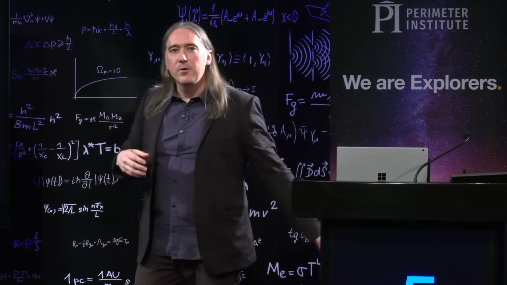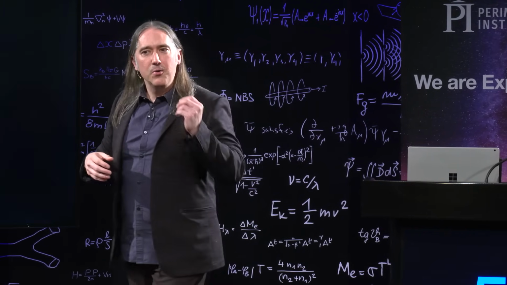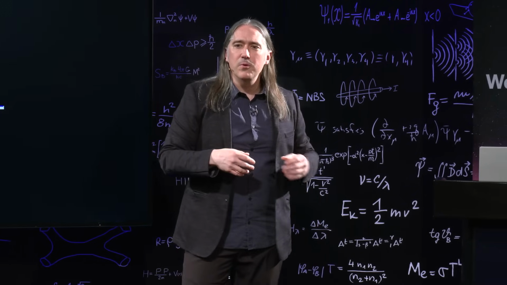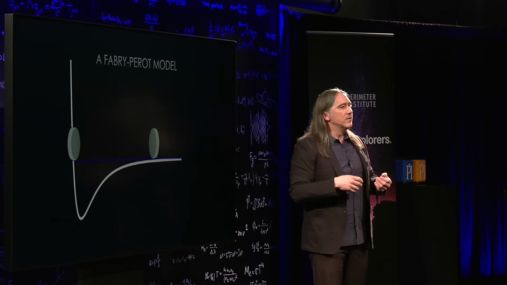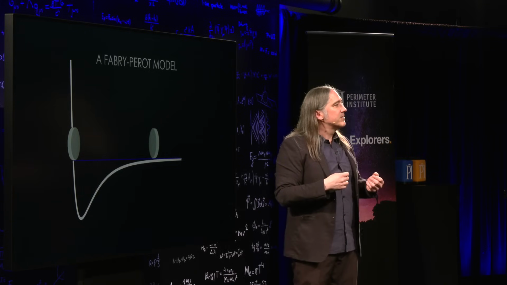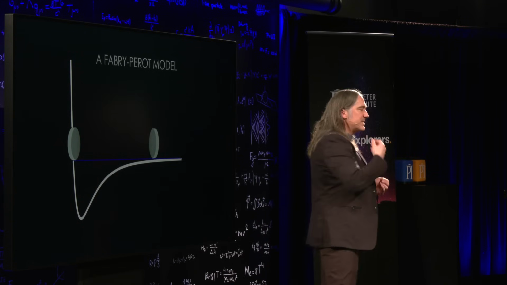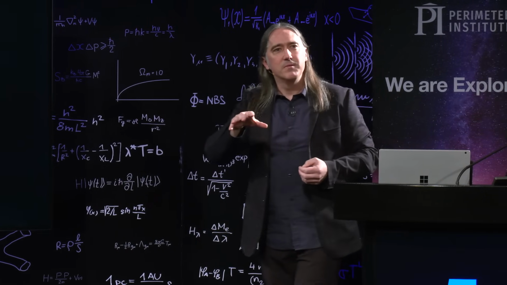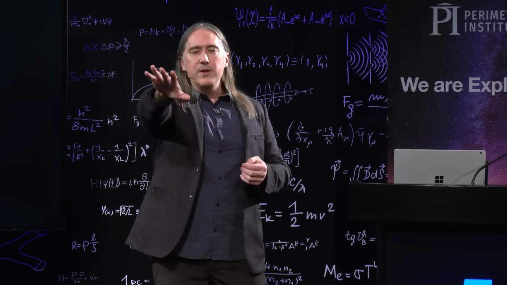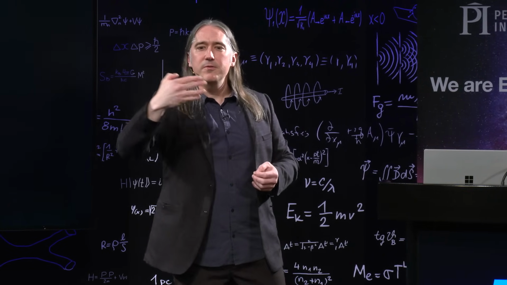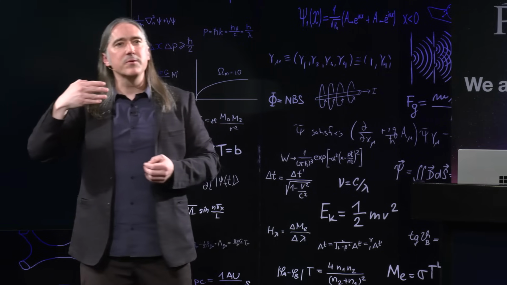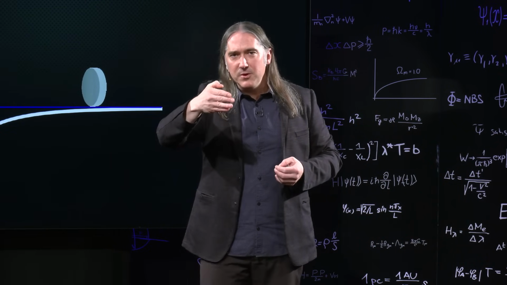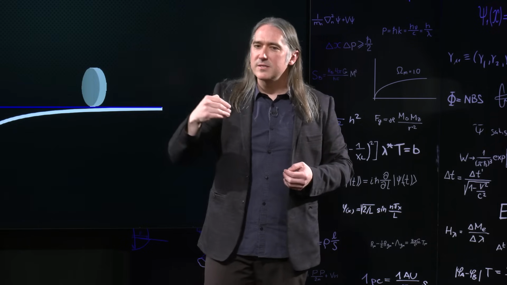If you roll a bowling ball toward a cliff, you know very certainly it's going to fall off the cliff. Right? If you roll a quantum mechanical bowling ball towards a cliff, there's a 10% chance it bounces back at you. Okay? Now, that is peculiar. You have actually seen this yourself. Okay? If you look out a window at night and you see your own reflection, it's a very similar thing. Right? That window's not a mirror. You look right through it during the day. It turns out there's a very small amount of light that's reflected at each surface.